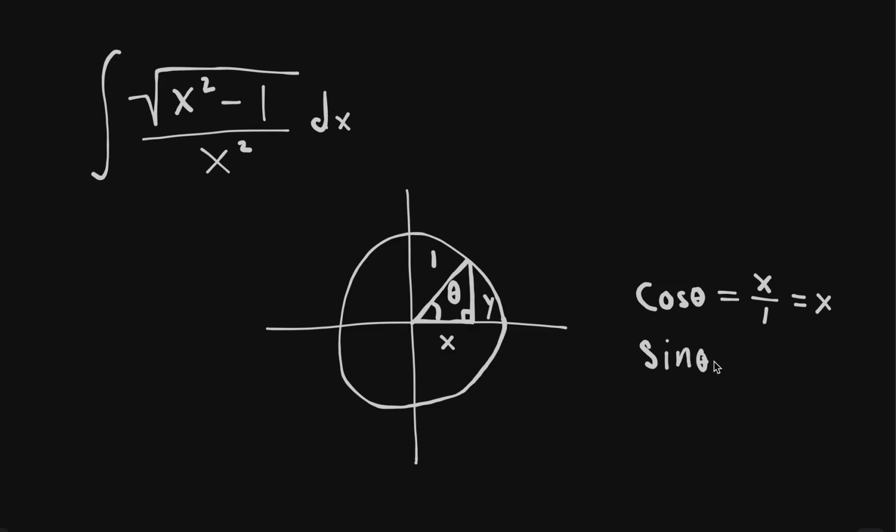So sine of theta is equal to y over 1, which is just y. So sine of theta equals y. That means the coordinates of this point are x, y, or cosine theta, comma, sine of theta.